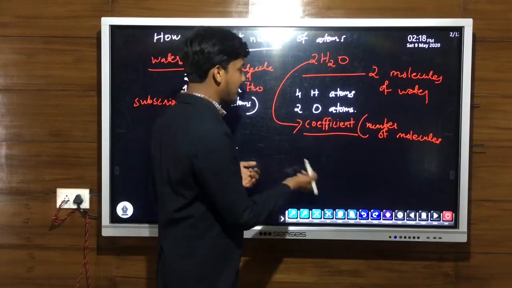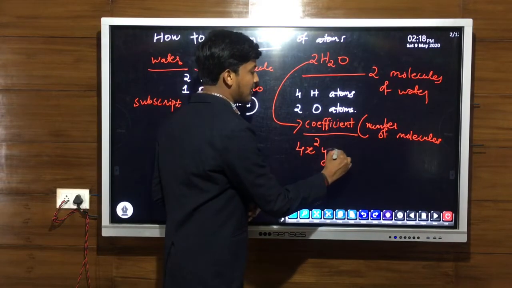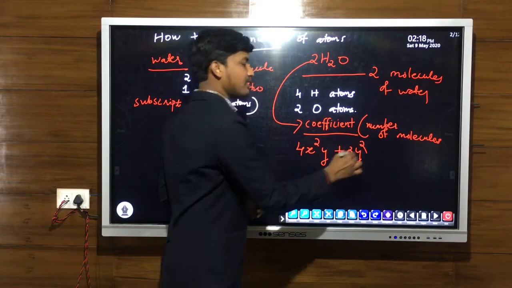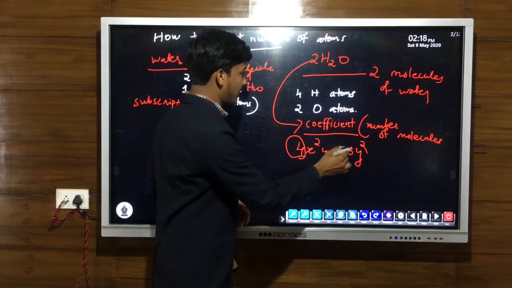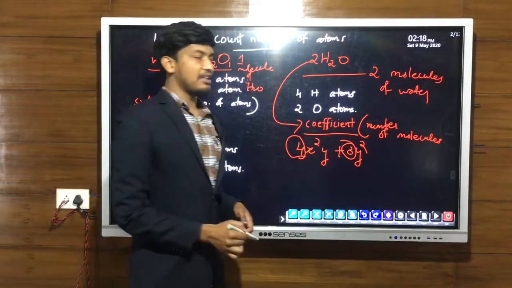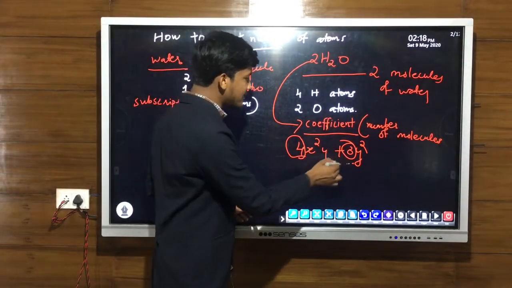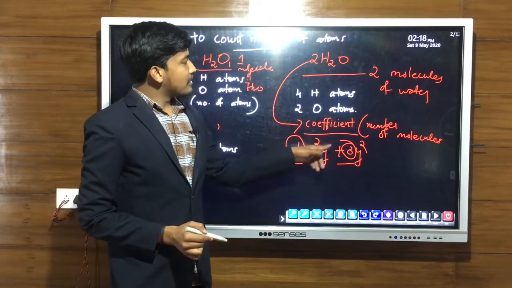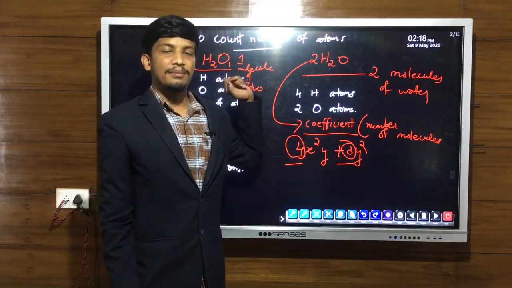For example, in a mathematical equation, suppose we have 4x square y plus 3y square. In this case, the coefficient of 4x square y is 4, and the coefficient of 3y square is 3. Similarly, a numerical coefficient can also appear in a chemical equation.